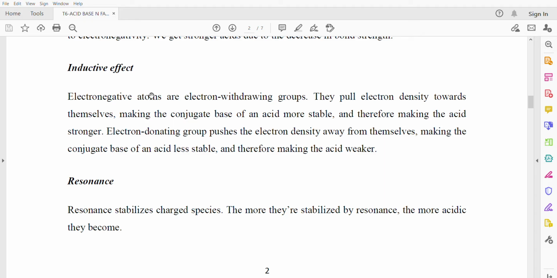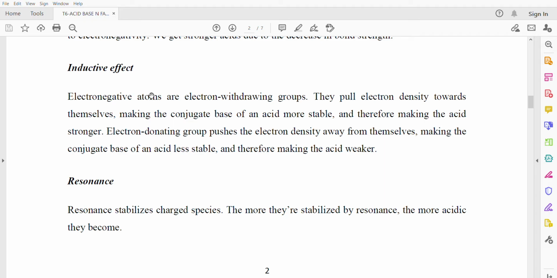CH3C positive has three contributing structures due to hyperconjugation. It has an electron donating effect. The carbocation is positive, and species or intermediates or compounds having positive or negative charge.